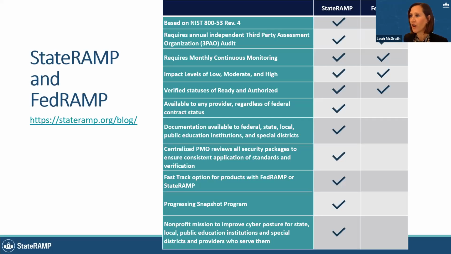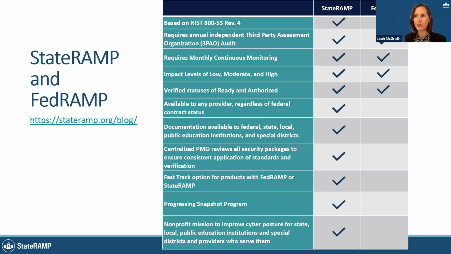We do have a fast track option for products who have a federal status with FedRAMP. We have a progressing snapshot program, as you heard. What we didn't talk about when we were describing the progressing snapshot is how that came to be. We heard from several government members and provider members who said, hey, we need a way to start. And this progressing snapshot, as NOAA described really well, is like a mini audit and gap analysis.